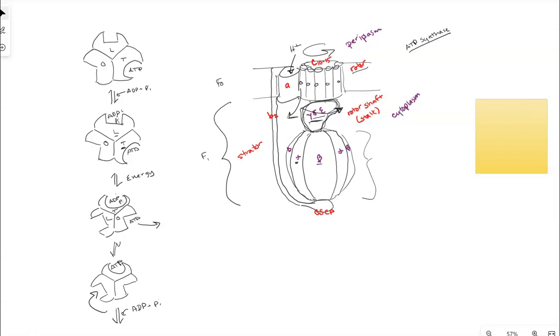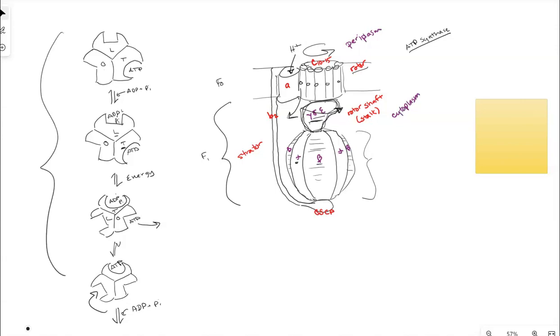But as the gamma subunit rotates, because it's asymmetric, it differentially affects the beta subunits, which have catalytic activity.